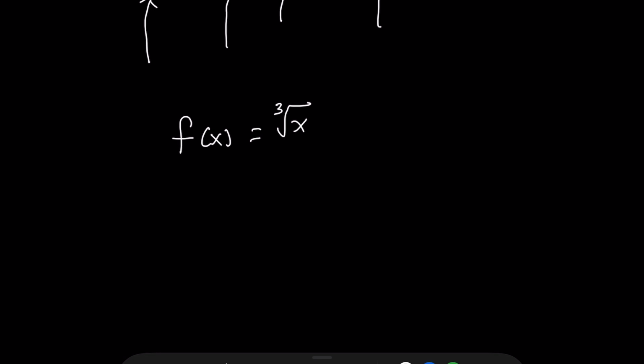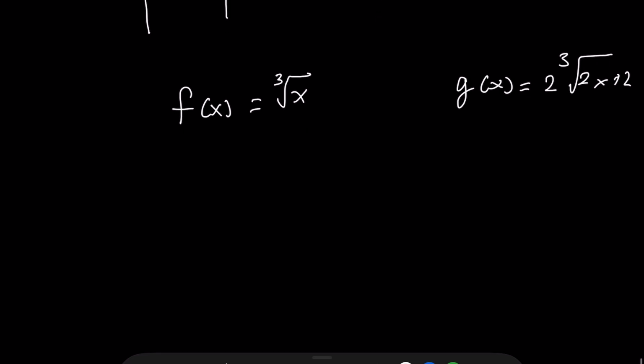Let's say this is the parent function. And let's say g of x is transformed such that this is true. And by the way, the 2 is outside of the cube root. So because this is in front, we have a vertical stretch by 2.